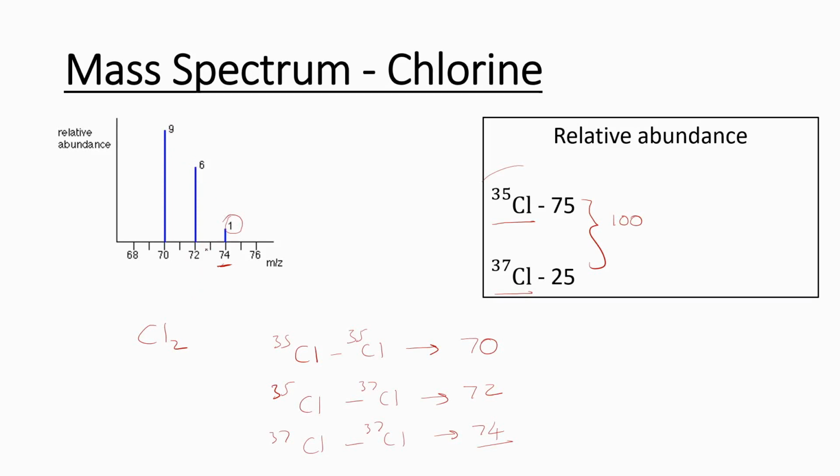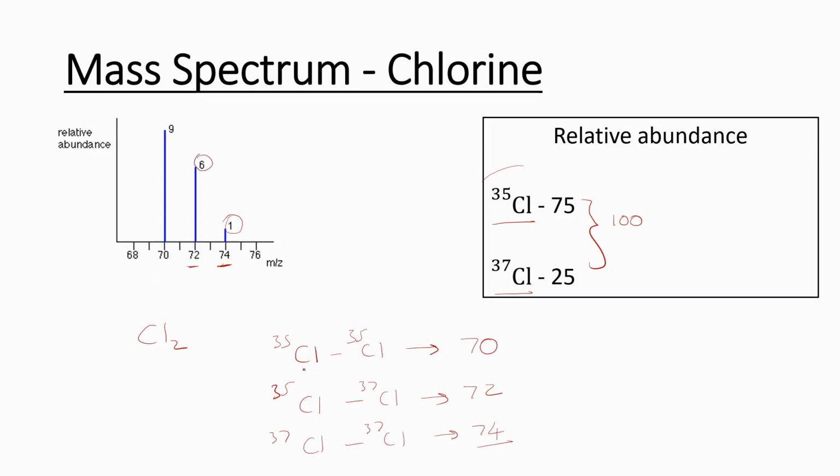Now here, because Cl35 is more abundant than Cl37, when we replace Cl37 with Cl35, so we have one Cl37 and one Cl35, we have a mass of 72. That's going to be more abundant than a molecule with a mass of 74, and that's what we see here, because relative abundance is 6.